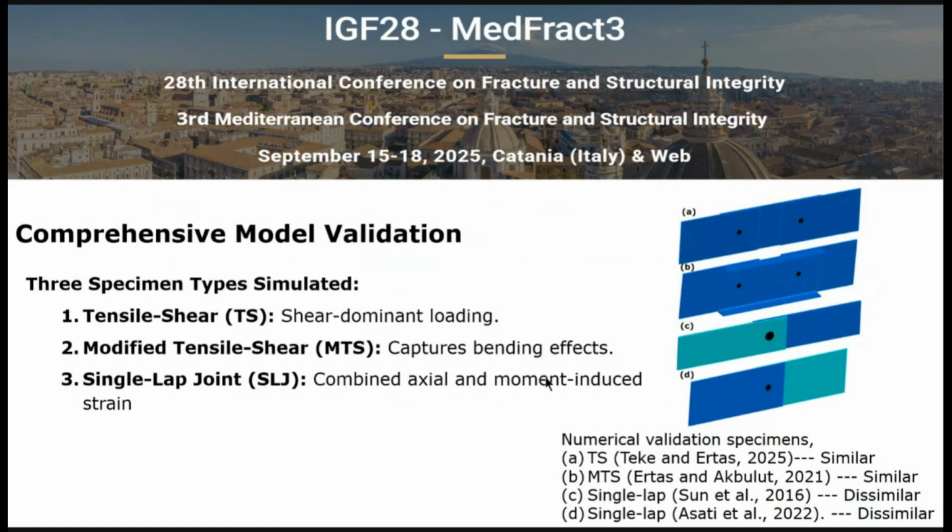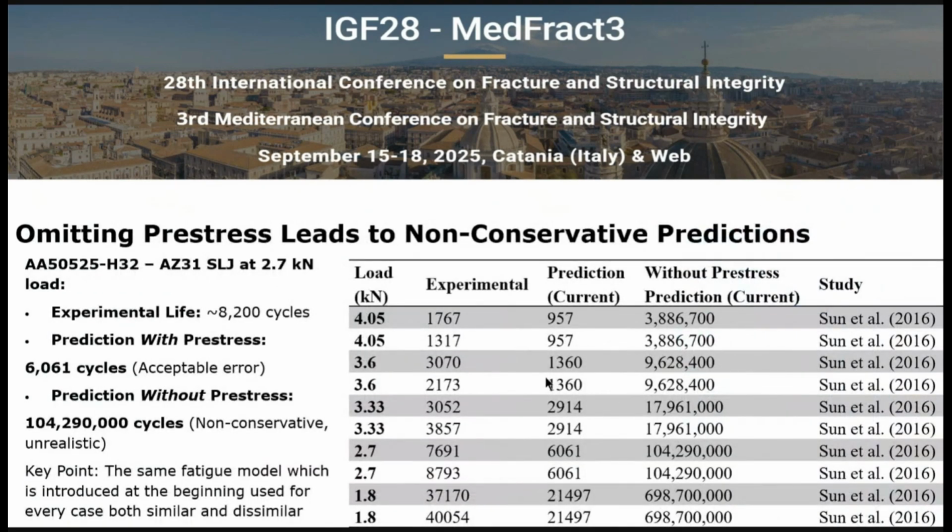For model validation, we used tensile shear specimens, modified tensile shear specimens, and other simple single lap joints. Here we have two dissimilar and two similar specimens in the study. For the dissimilar one, Sun et al's study, we took their values without stress prediction, and with the simple material model and just one Morrow mean stress, we have an unrealistic prediction.